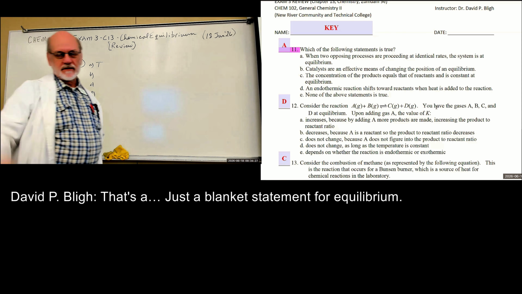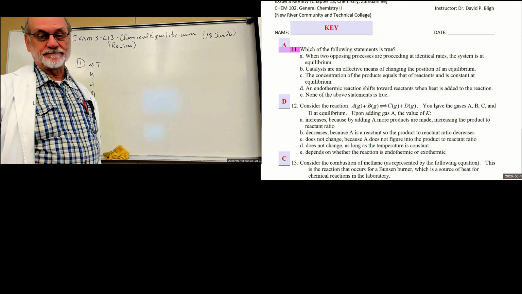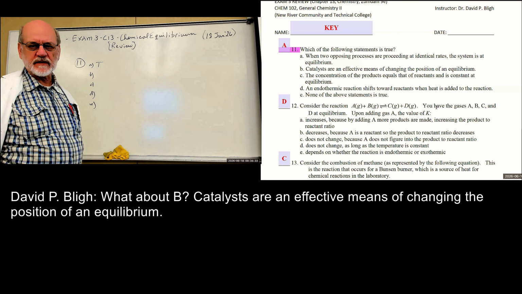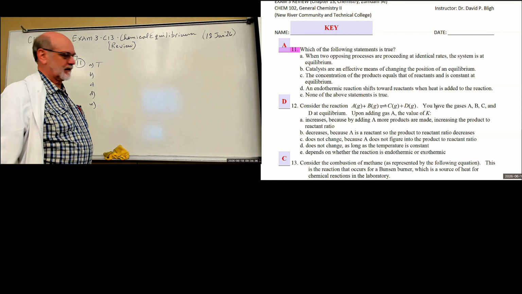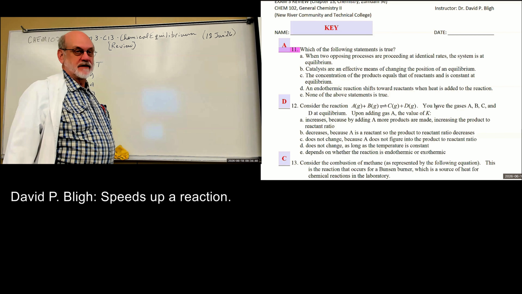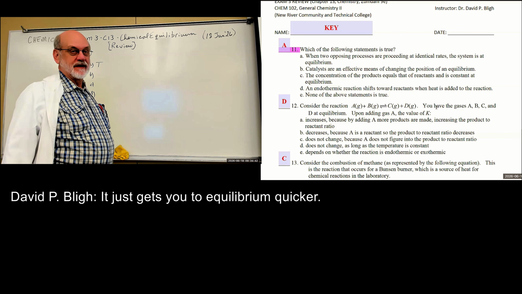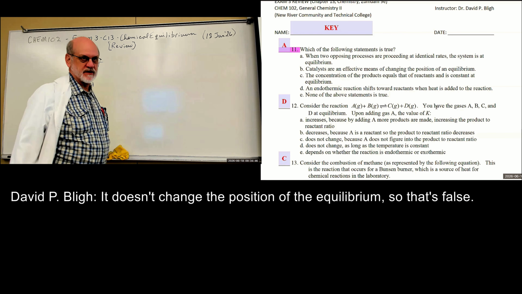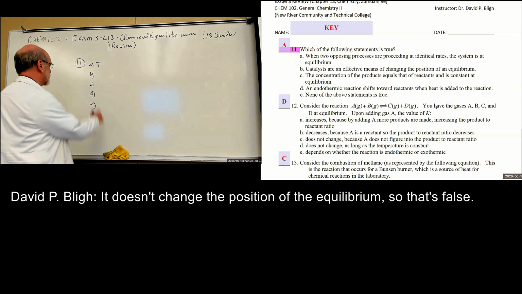That's just a blanket statement for equilibrium. What about B? Catalysts are an effective means of changing the position of an equilibrium. What does a catalyst do? Speeds up a reaction. It just gets you to equilibrium quicker. It doesn't change the position of the equilibrium. So that's false.